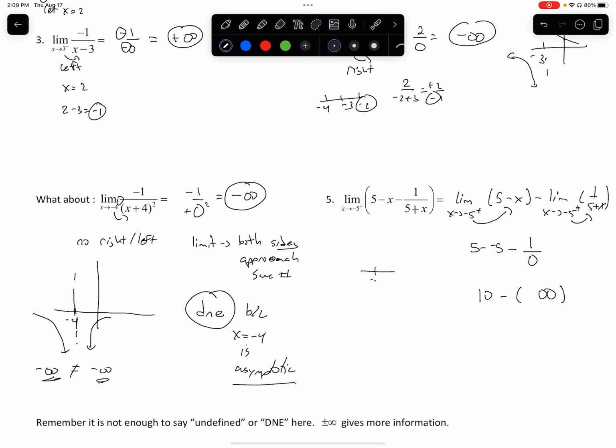So here's -5, -4. So I'll pick -4. 5 minus 4 becomes 1. So the bottom becomes positive. So I got a positive 1 on top and a positive 0 on the bottom. And then we get positive infinity. So what's 10 minus infinity? Oh, that's just negative infinity right there.